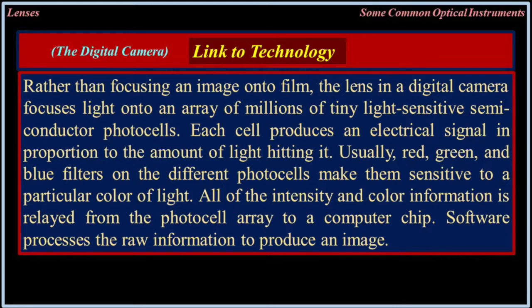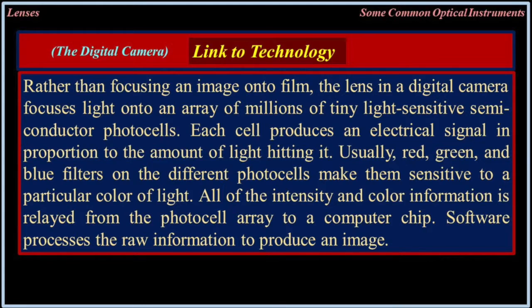The digital camera, linked to technology. Rather than focusing an image onto film, the lens in a digital camera focuses light onto an array of millions of tiny light-sensitive semiconductor photocells. Each cell produces an electrical signal in proportion to the amount of light hitting it.